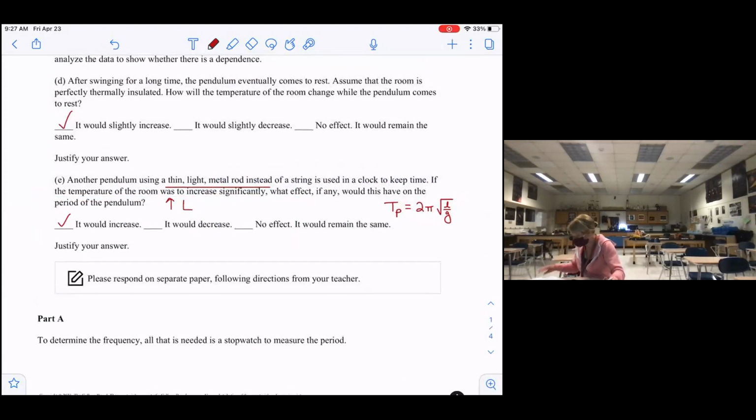Okay, so to justify your answer here with your points, you should be writing this formula in your answer. Okay, so correctly indicating that it would increase, so by checking right here. Another point for indicating that the length of the rod increases. That again is due to the temperature in the room significantly being raised, which is going to increase that rod.